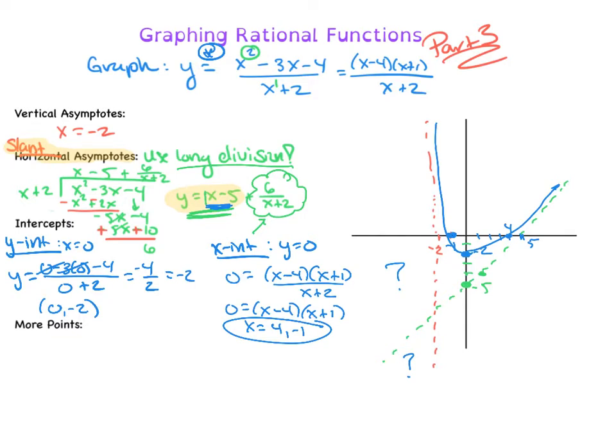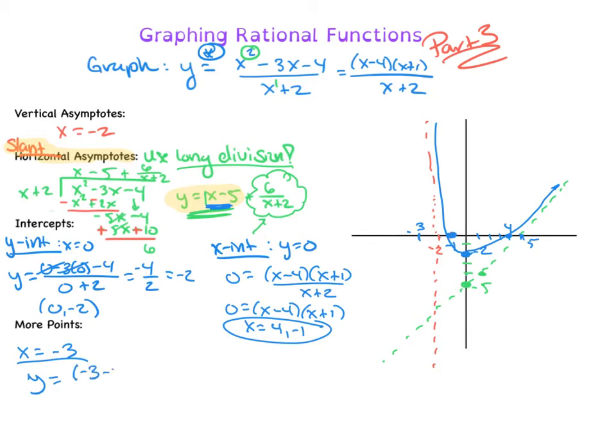So in order to figure that out, I'm going to pick one more x value. So when we're plotting more points, I'm going to pick something like x equals negative 3, anything over here to the left of negative 2. And I think I'll plug this into the factored version just for the sake of arithmetic in my head.